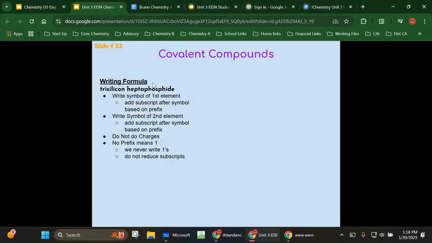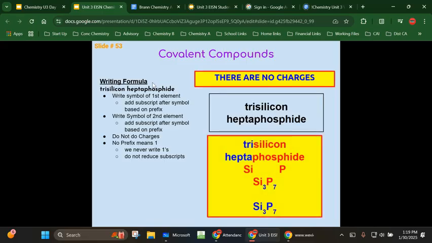Phosphorus, yeah. Oh, I didn't know that's what you were asking. Trisilicon, Si3. Heptaphosphide, P7. Si3P7. Questions?